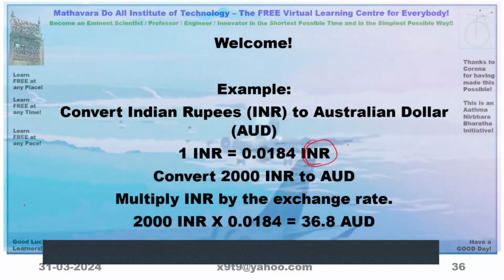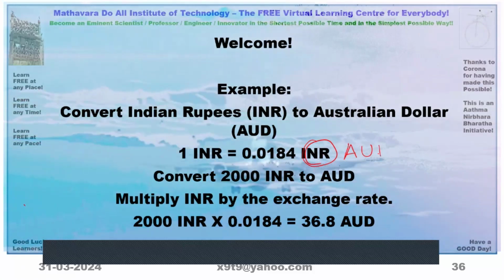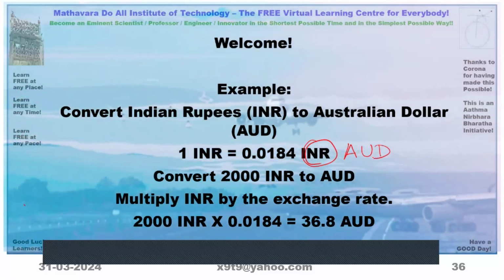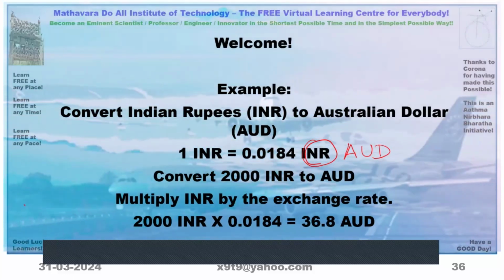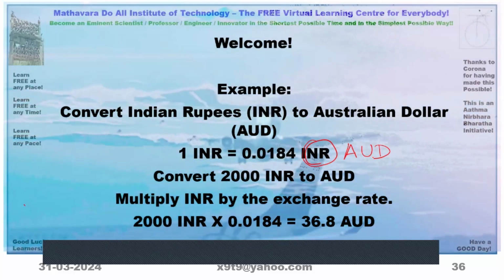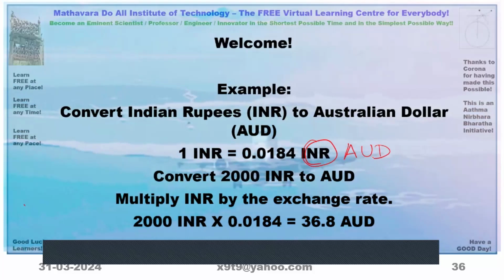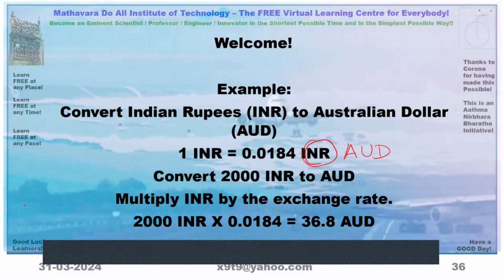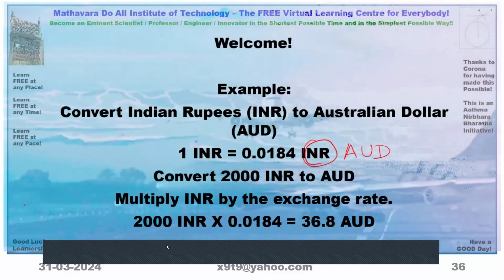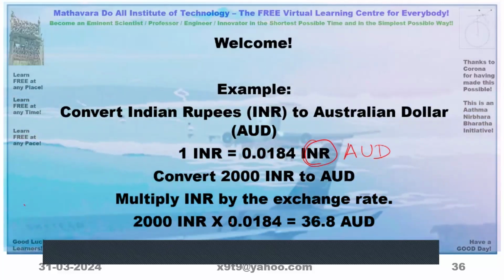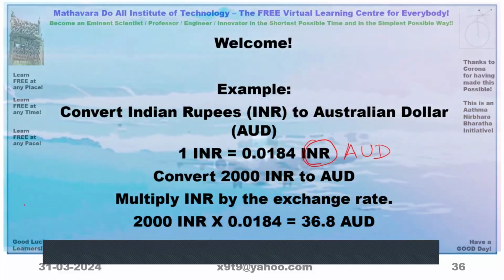So convert 2000 Indian rupees to Australian dollar. So multiply this number of INR 2000 by the 0.0184.